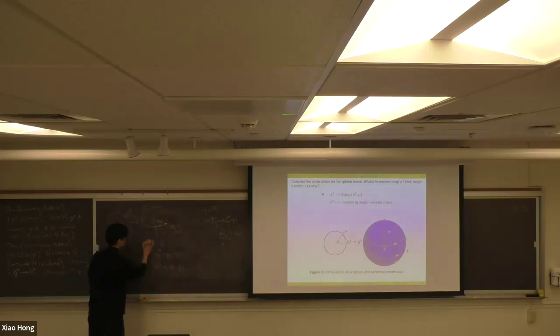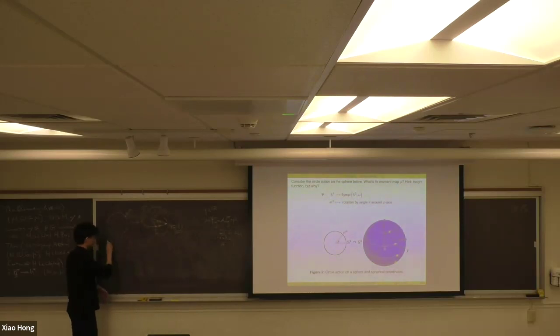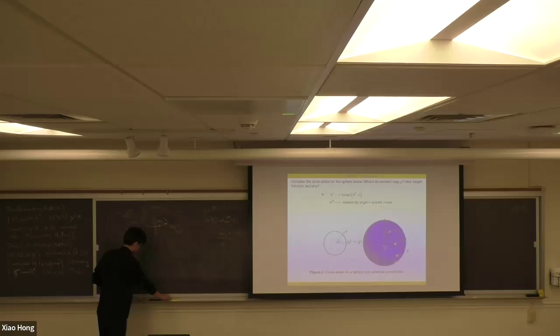That's by standard computations. The first one is the Hamiltonian condition. So from this figure, we see that the flow lines of the actions are the latitudes.